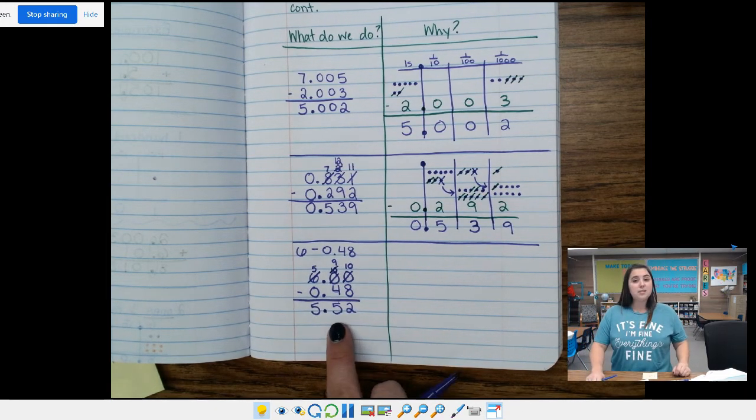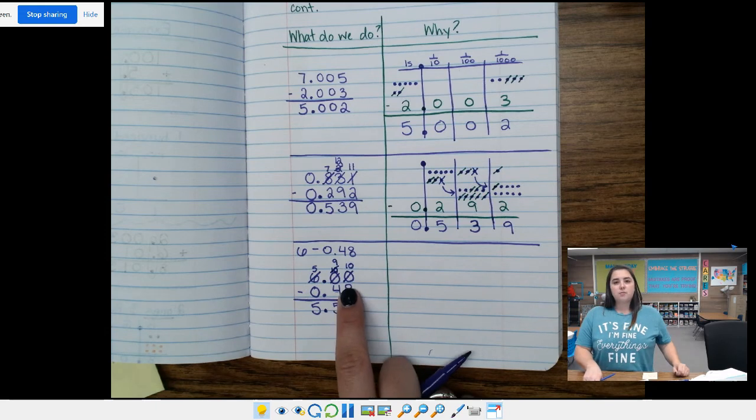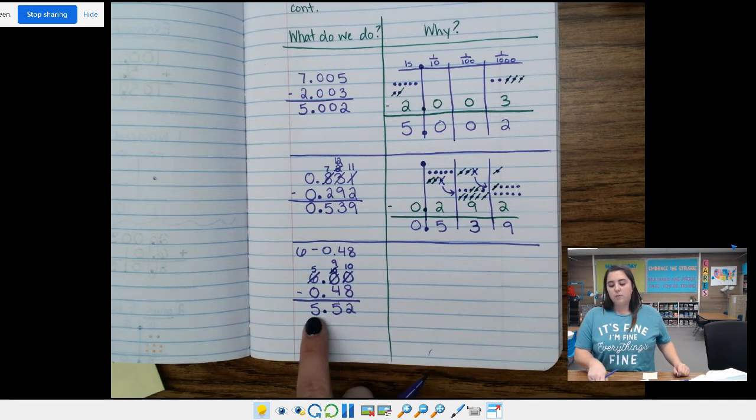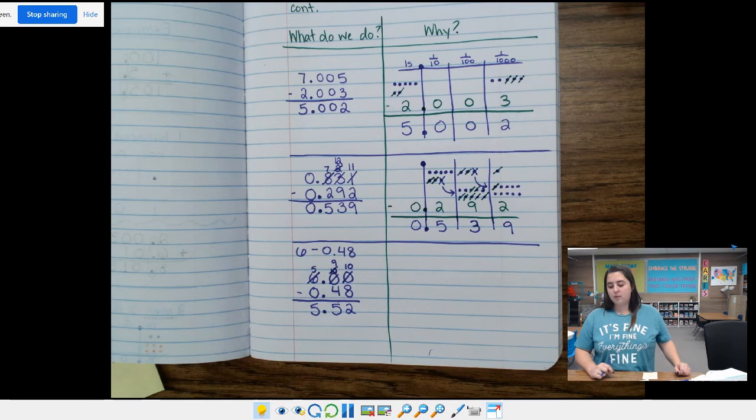Because look, it's not a 4 and an 8. It's a 5 and a 2. Because if we think about it, $6 minus 48 cents would be $5.52. Wouldn't it be $5.48? I'm taking that away from $1, which leaves 52 cents.